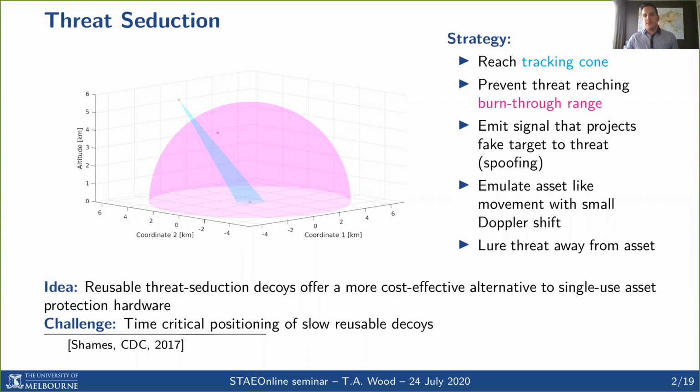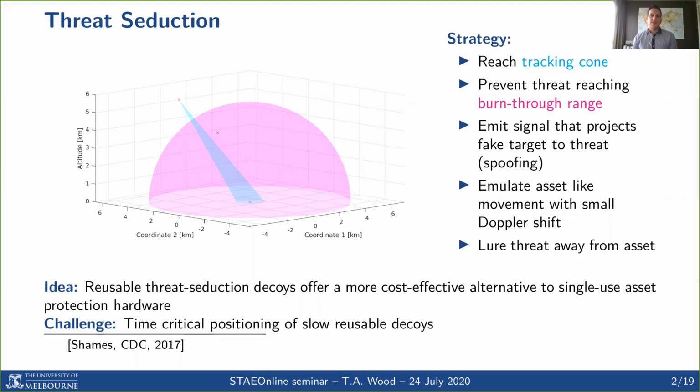While the decoy is luring the threat away, there's a requirement that it moves in a way that is indistinguishable from the asset, from the perspective of the threat. The decoy should move in a way that looks like the asset it is tracking. In particular, this is manifested in the Doppler shift.